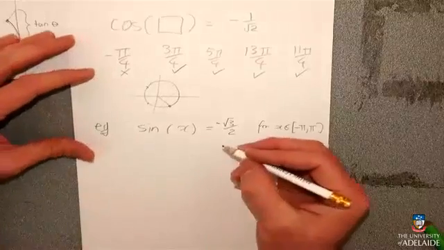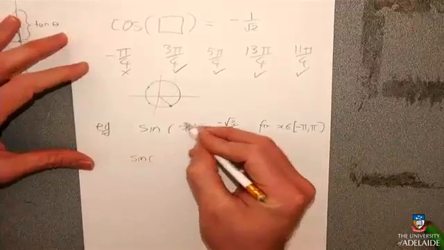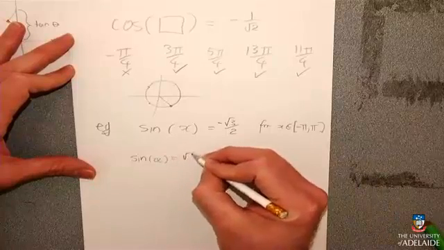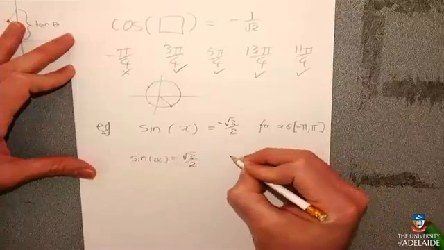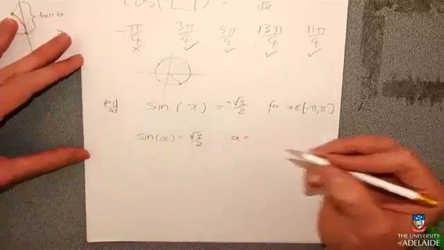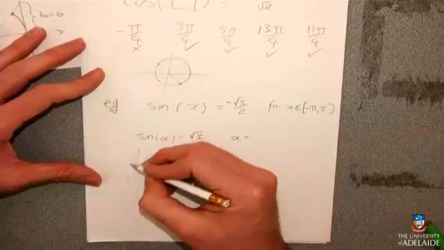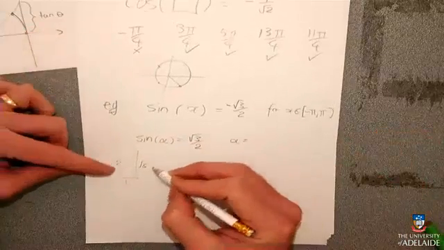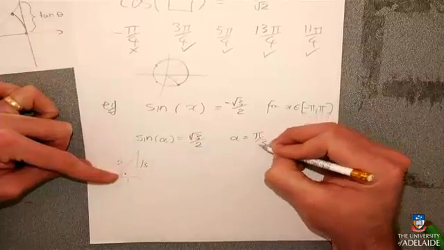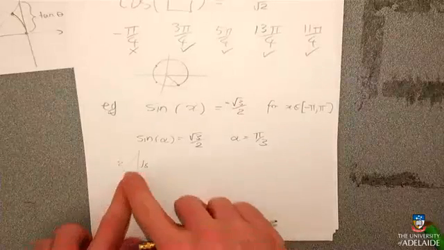So let's see, sine, I'm just going to change the letter and ignore the minus and say that means that my alpha would have to be, let me just think, it's not pi on 4 because that would have had a root 2 in it. Sine is root 3 on 2, so it must be pi on 3 is the angle that gives me that, because it's the opposite side.